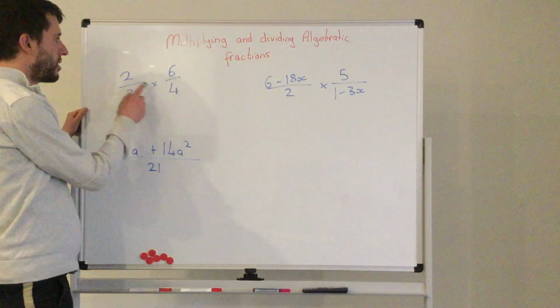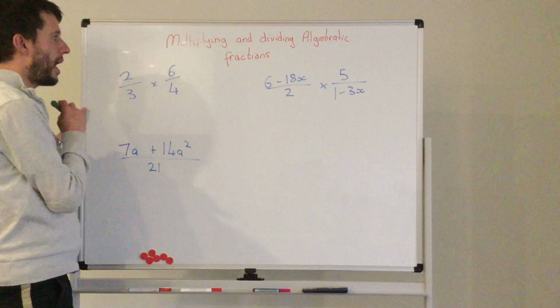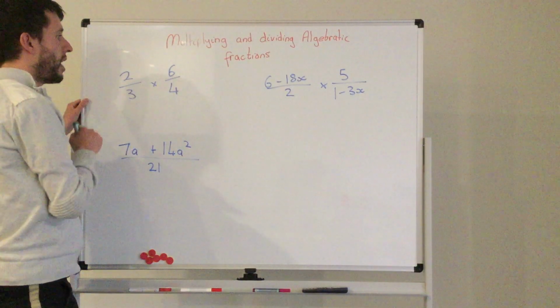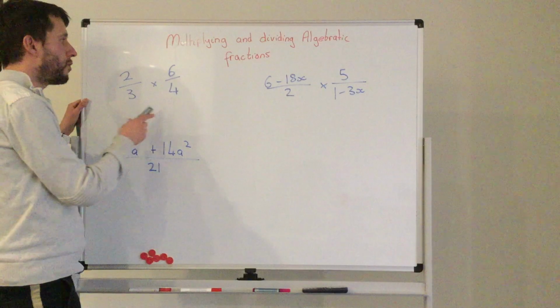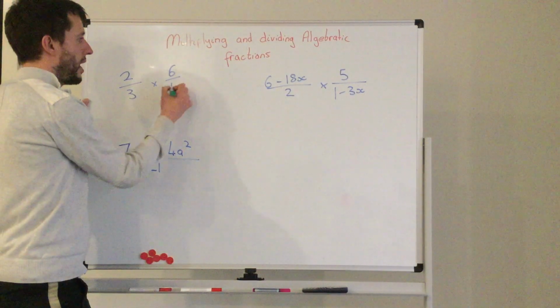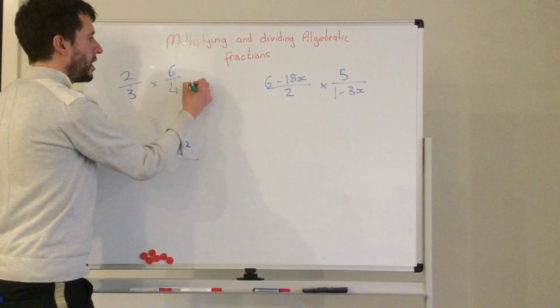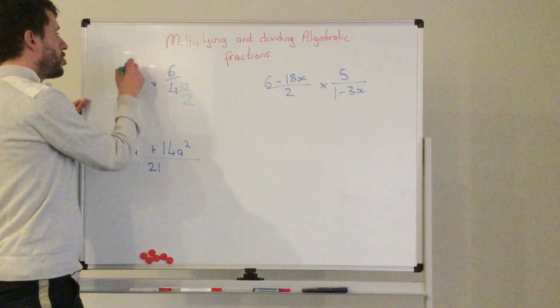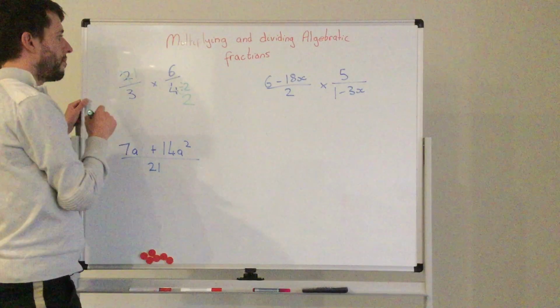So here I can see that 2 and 4 are similar, so they both have a common factor of 2. So 4 divided by 2 is 2, and 2 divided by 2 is 1.